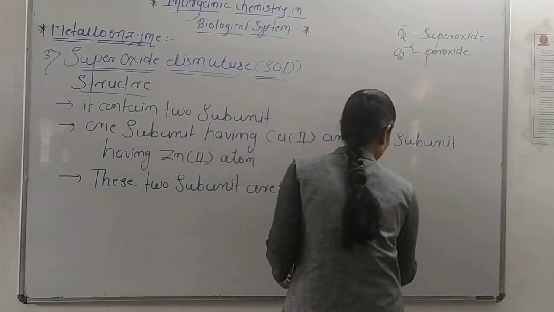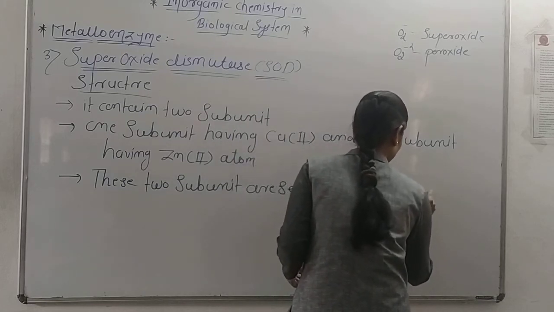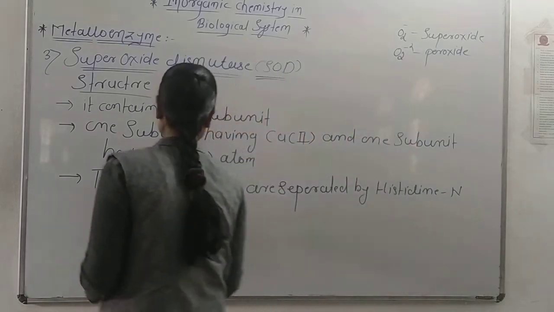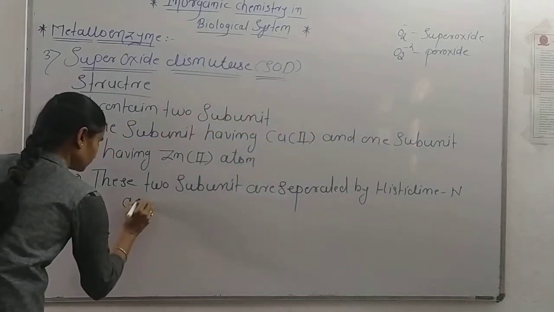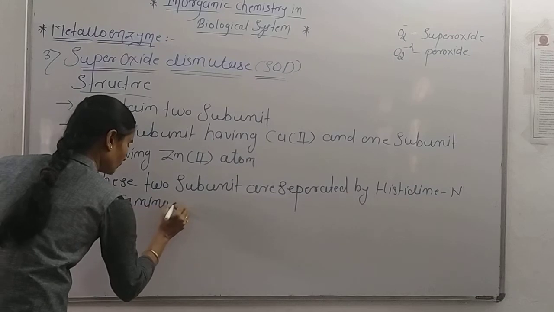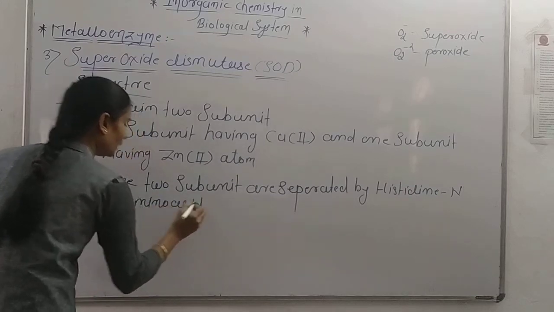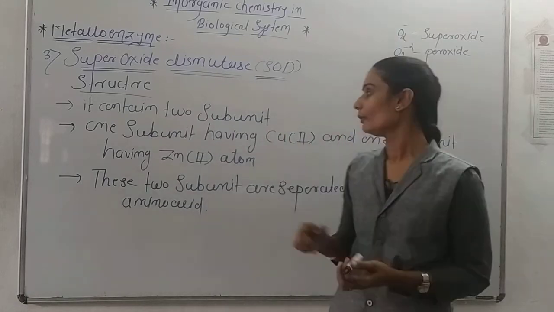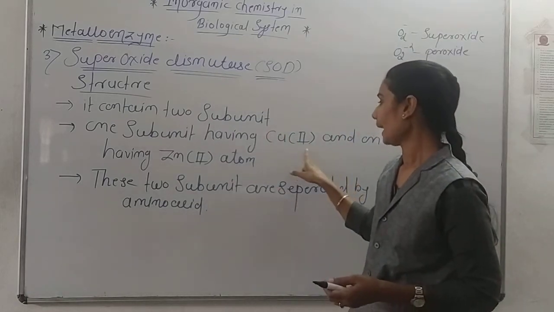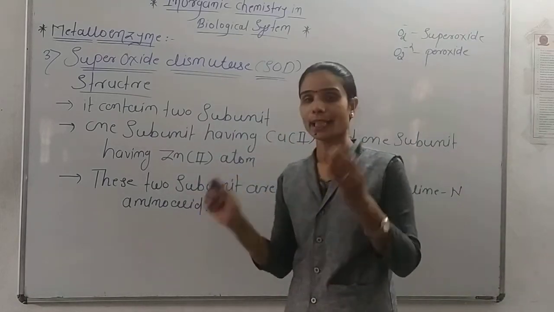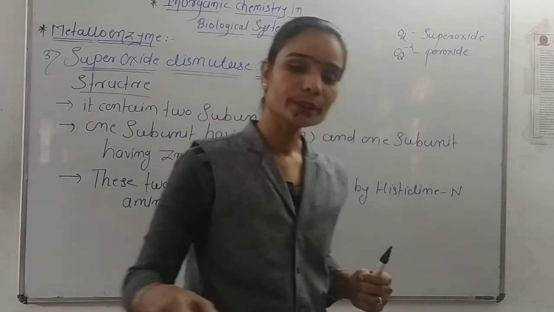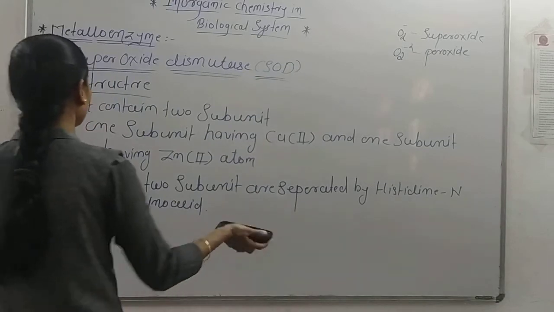In this superoxide dismutase, which has two subunits, one unit having copper and one unit having zinc, these two units are separated by the nitrogen of histidine amino acid.